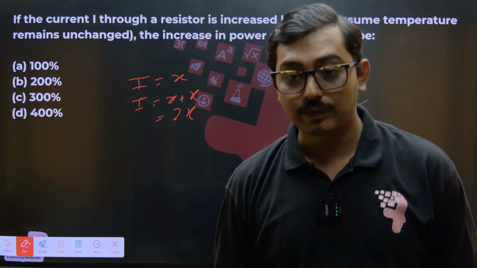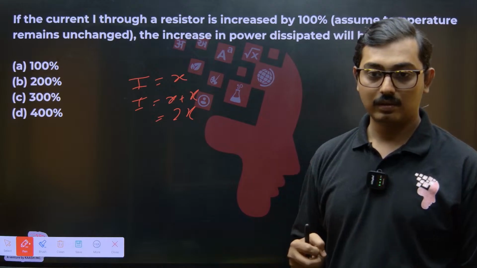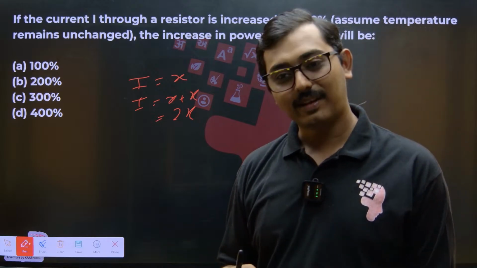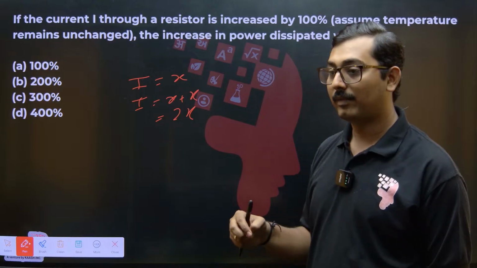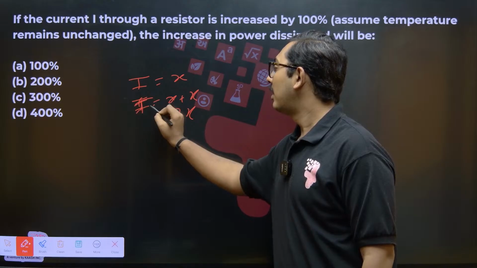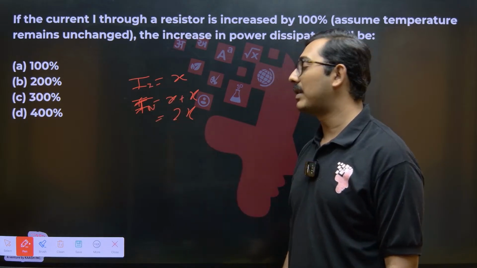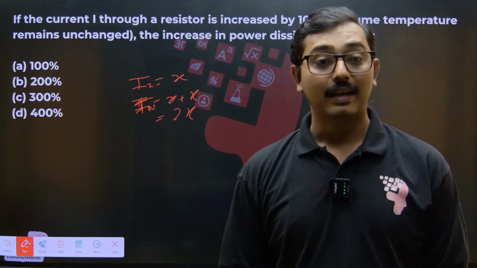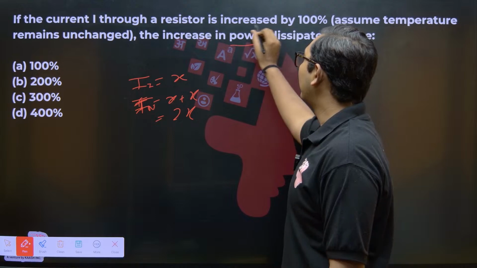So first of all, I is equal to X, initial current is X, and the new current is X plus X, which is equal to 2X. Now over here they are asking the increase in power.